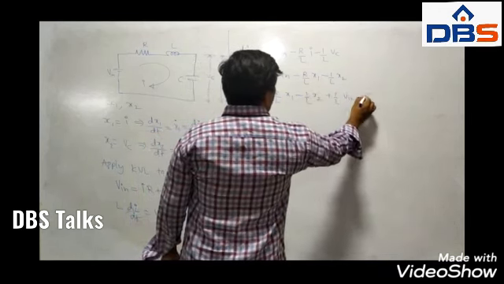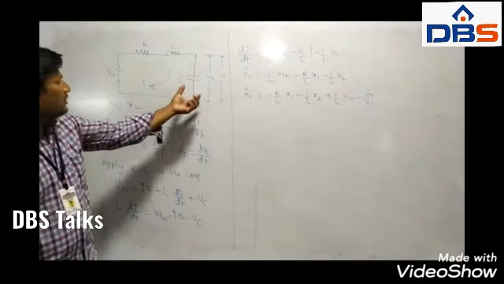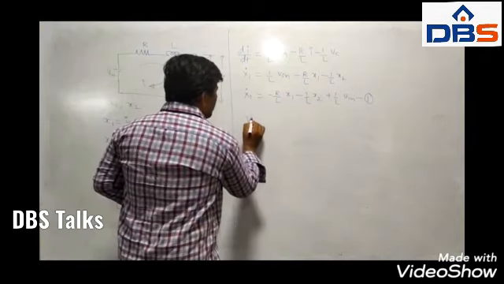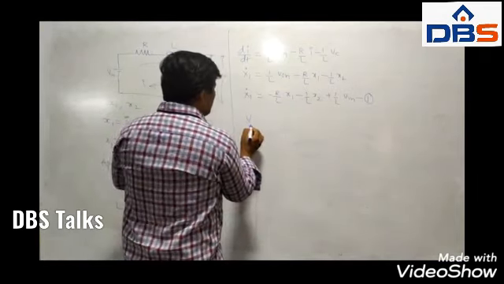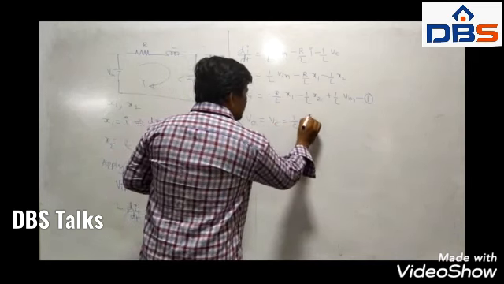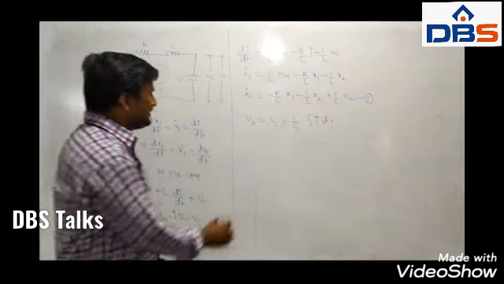This is equation 1. Also, the output across the capacitor, V0, equals Vc, which equals 1 by C integral I dt.